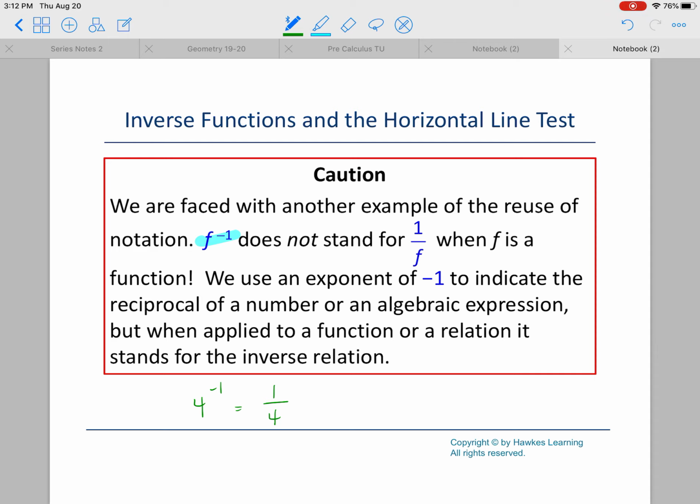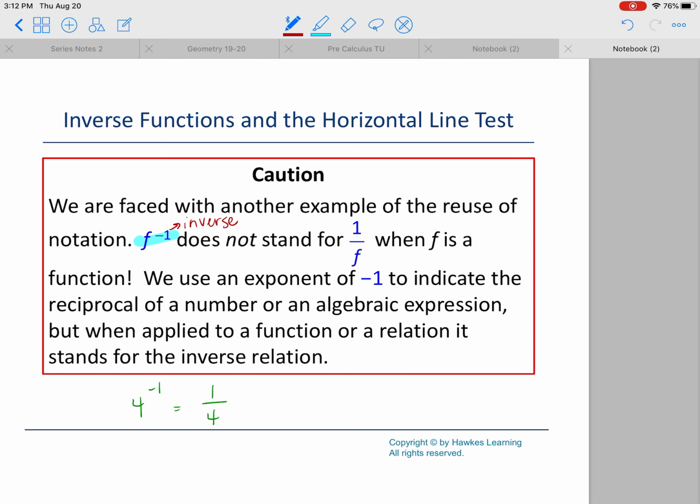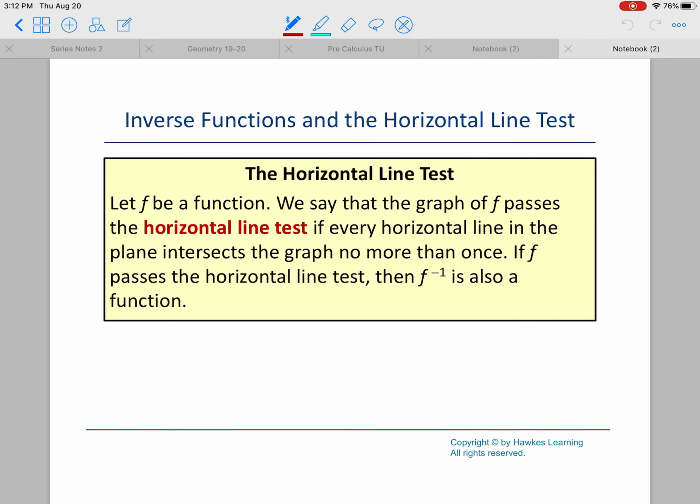F to the negative first does not mean 1 over my function. The only time that we take the reciprocal is when we are dealing with numbers or an expression. When we're dealing with equations or functions, the negative first power is only telling us that we are looking at the inverse, not the reciprocal. So make sure you don't get that notation confused.